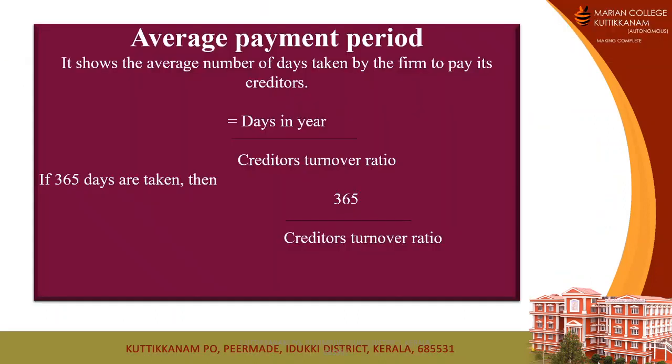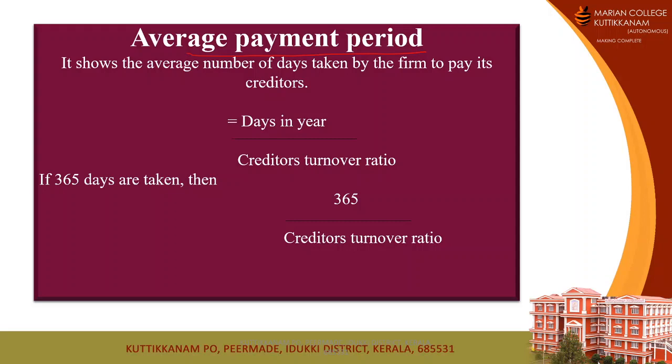Now we will see another concept in creditors turnover ratio, that is average payment period. This ratio represents the average number of days taken by the firm to pay its creditors.